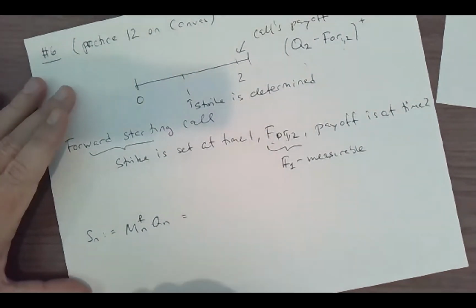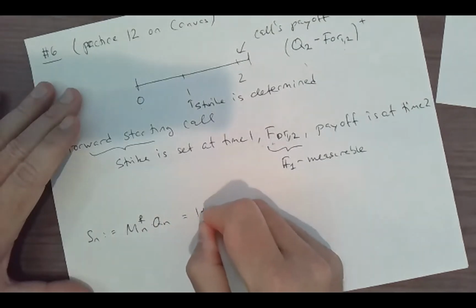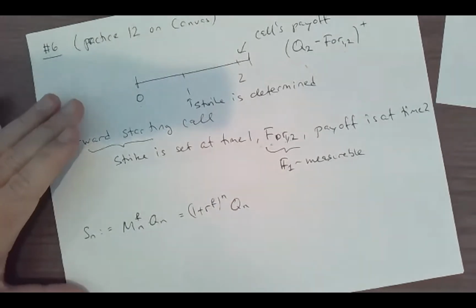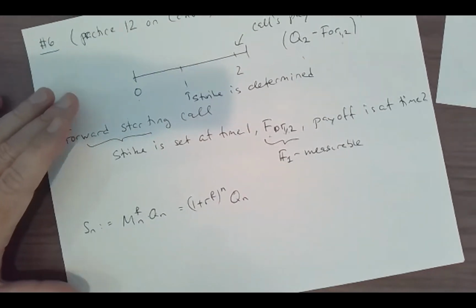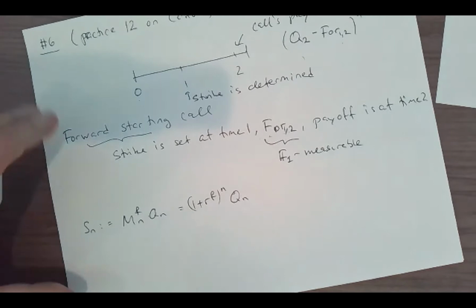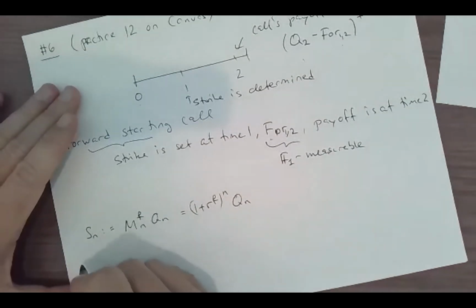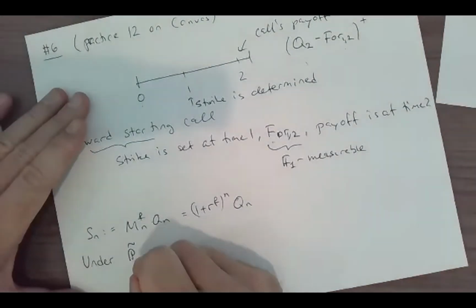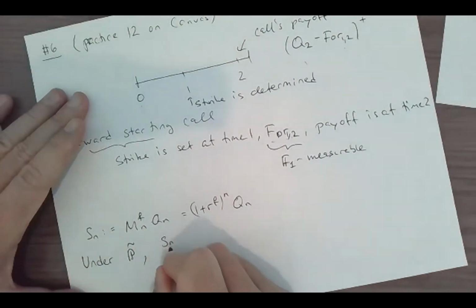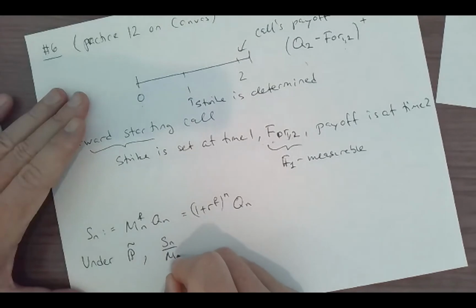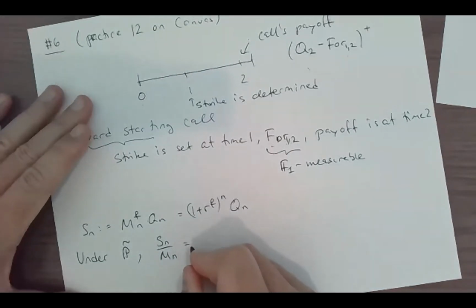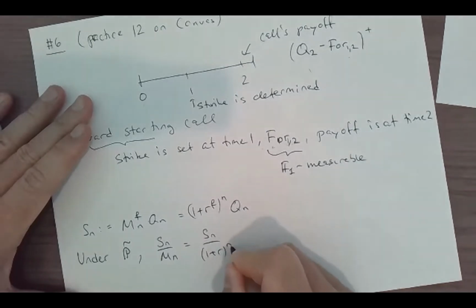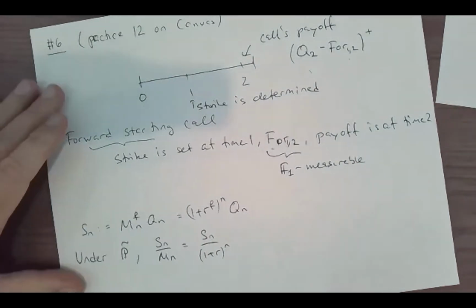If you write out what this is, we get (1 plus Rf) to the power n times Qn. The martingale property we have is that under the P tilde measure, Sn divided by the domestic bank account, which is Sn divided by (1 plus R) to the nth, is a martingale.